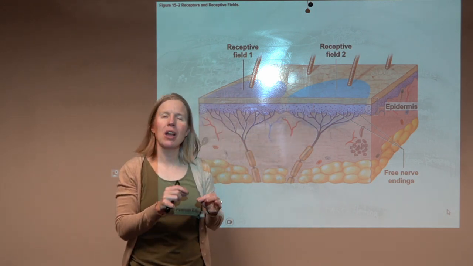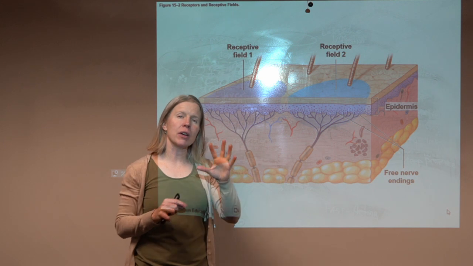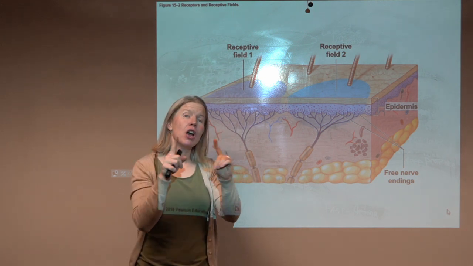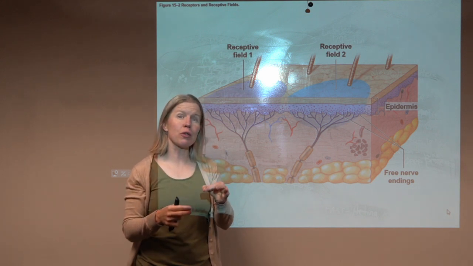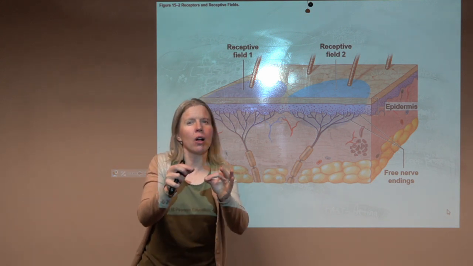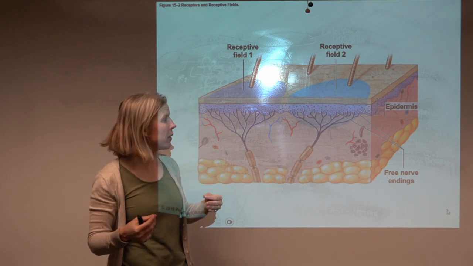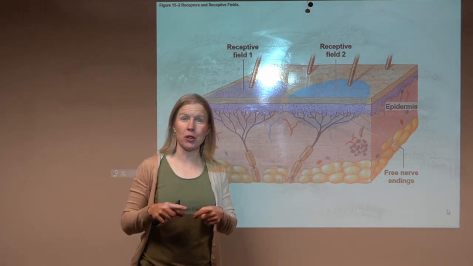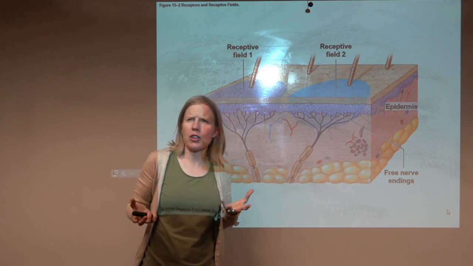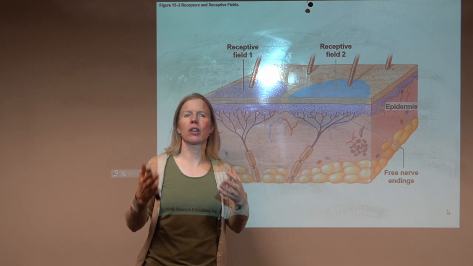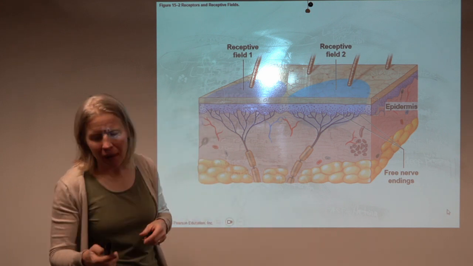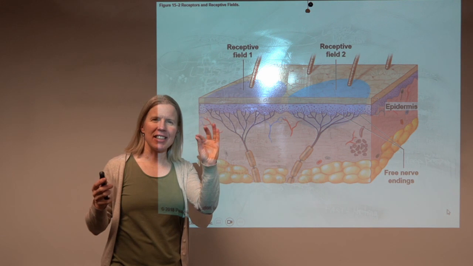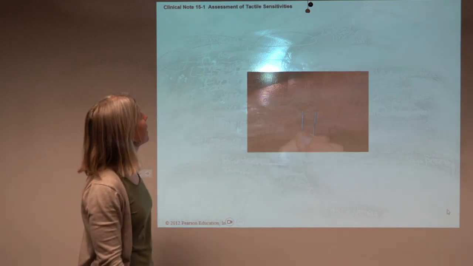One of the things they point out is that in particularly sensitive areas, maybe your hands and your face, you tend to have much smaller receptive fields, so you can tell where something is touching you more precisely. Up on your shoulder or on your back, those receptive fields might be really big, so you're like, oh, you're touching my back, but it's a little harder to pinpoint where that sensation is coming from. It's just not as important as where something is touching your hand.